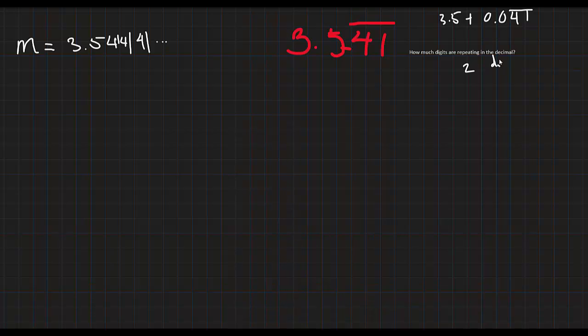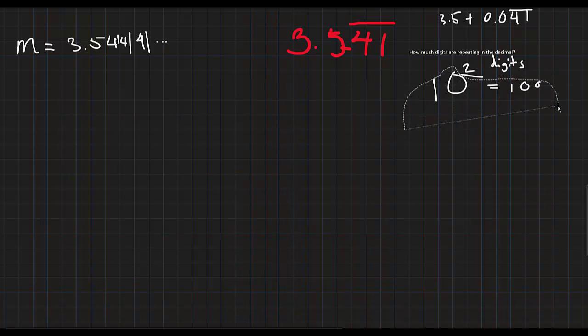If there are 2 digits, then we do 10 squared, which is the same as 100. So we're going to multiply both sides by 100.